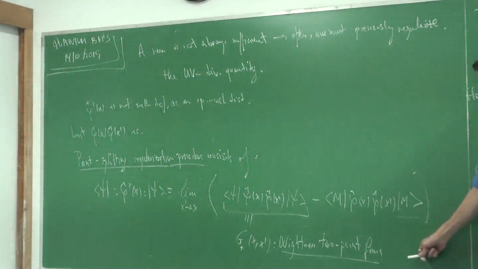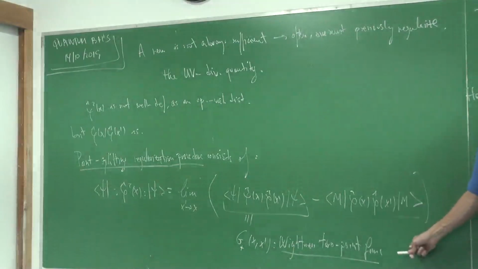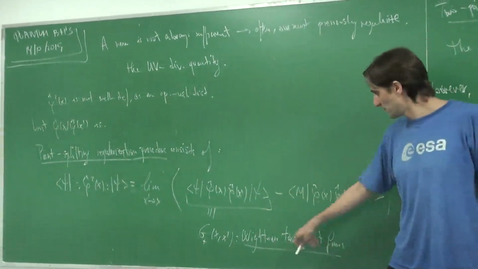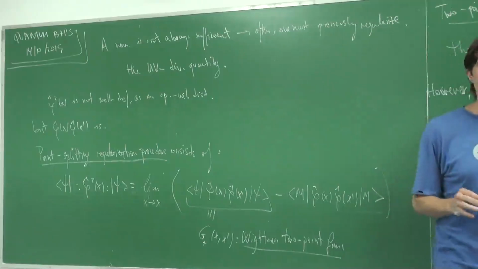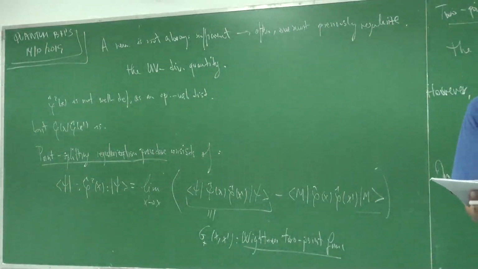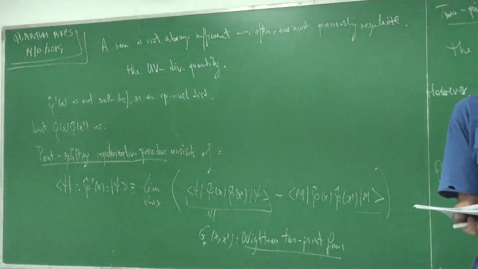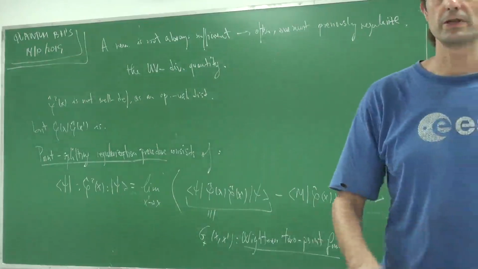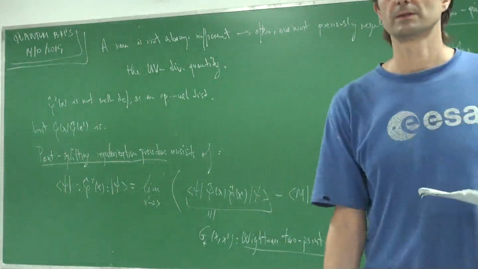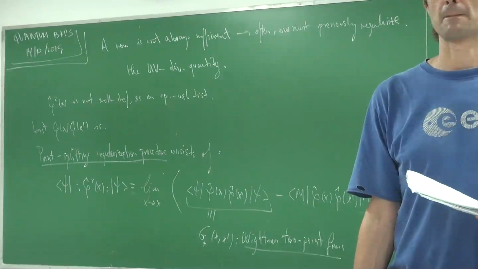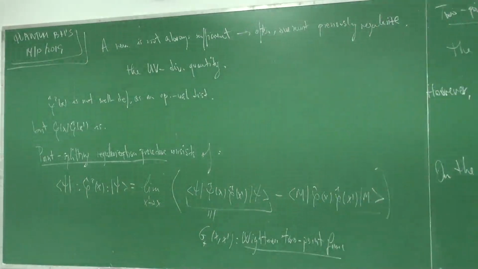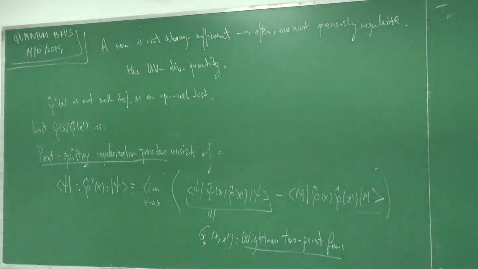Okay, so what equation does this object satisfy? It's a two-point function because it depends on two different spacetime points. What equation does it satisfy? Homogeneous, inhomogeneous, delta? Homogeneous, not with a delta function. Why is that?